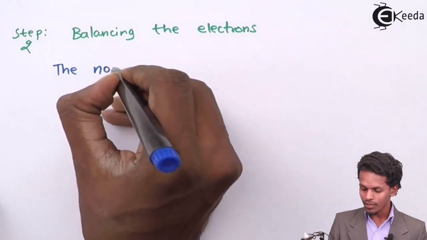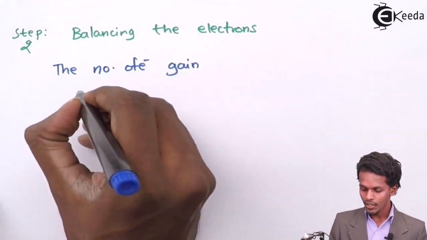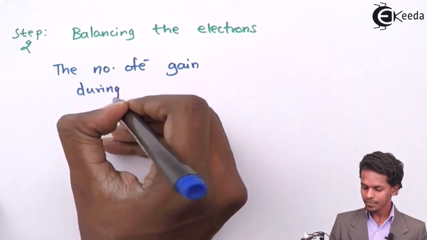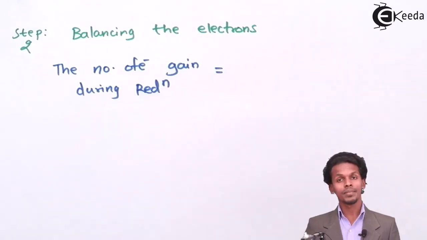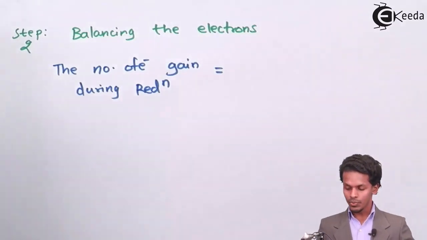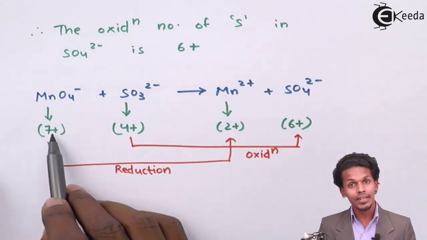So I could write it as the number of electrons gained during the reduction process. Initially it was 7 plus.